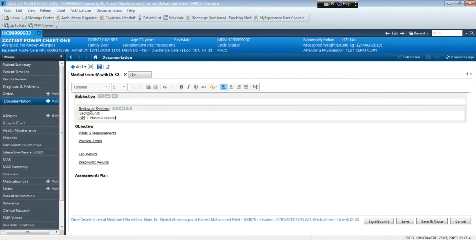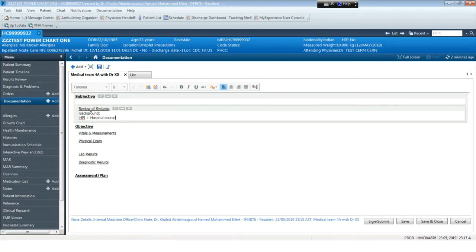And then it is very important to mention the hospital course in every progress note. You should mention the significant events which happened to the patient during his hospital stay. First, because this will make it easy for you when you are writing the discharge summary to just copy and paste your HPI and hospital course, and this will basically be the main stem of the discharge summary.